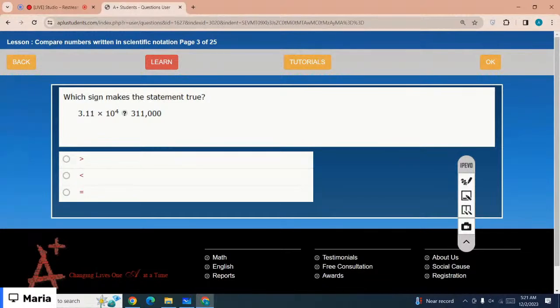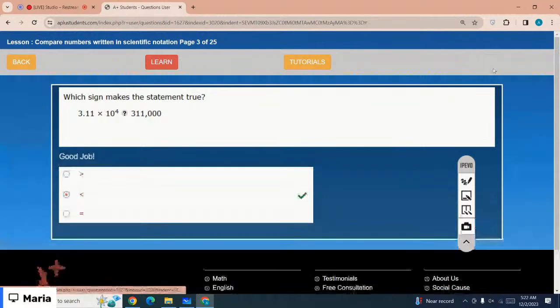Yes, the correct option is less than. 3.11 is less than, because you just have to move the decimal point 4 places, right? So that would be less than 311,000.